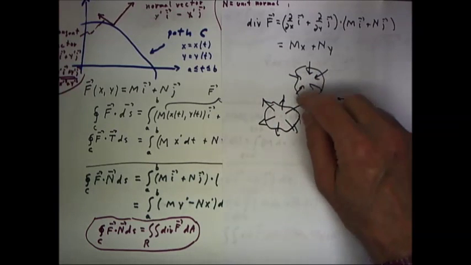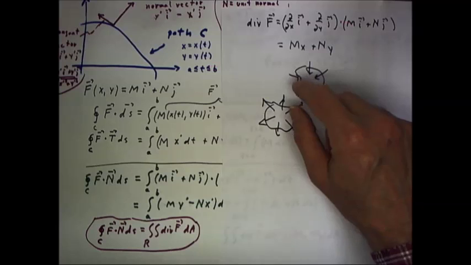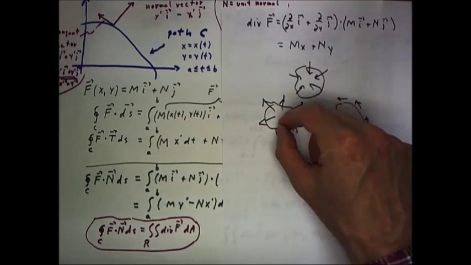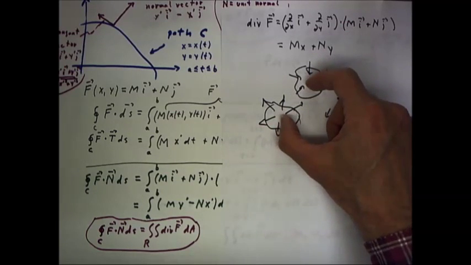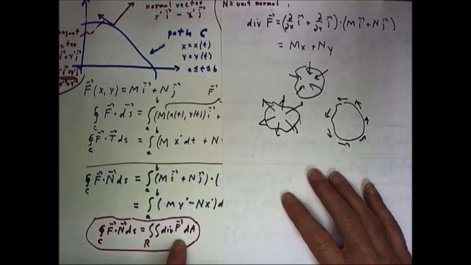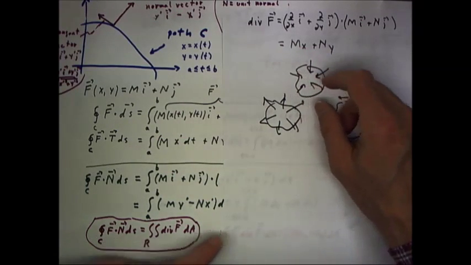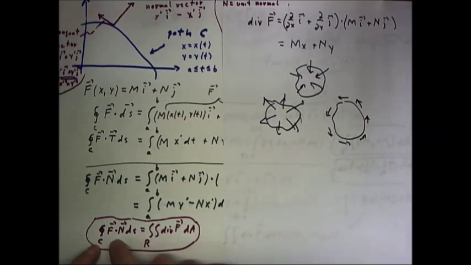So when we have a strong normal component around any curve, that means we've got a divergence within that region, and if we integrate the divergence over the area, we get the integral around the curve of the normal component of the vector field.